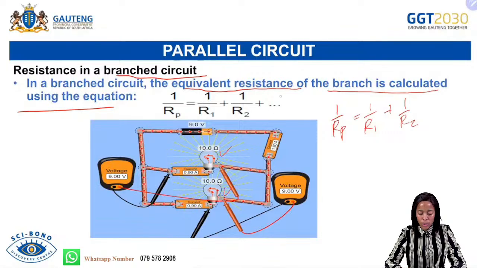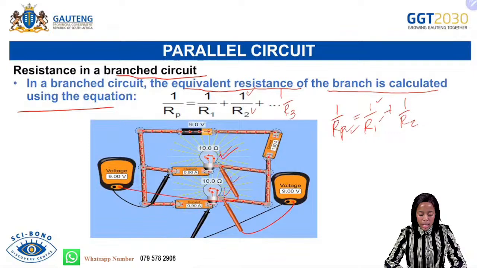If you have more than one, then you are going to have 1 over Rp, which represents the total resistance in parallel, equals 1 over R1 plus 1 over R2 plus 1 over R3.